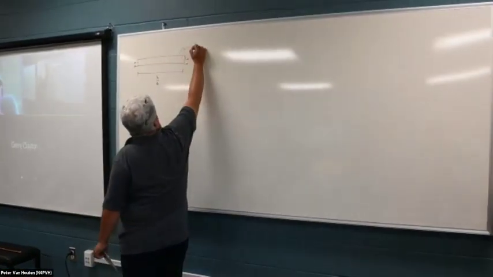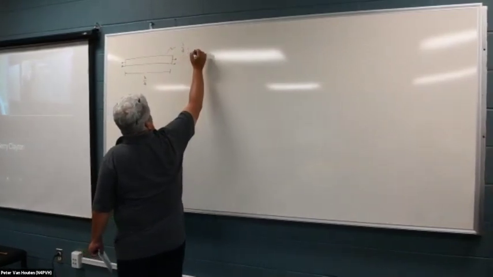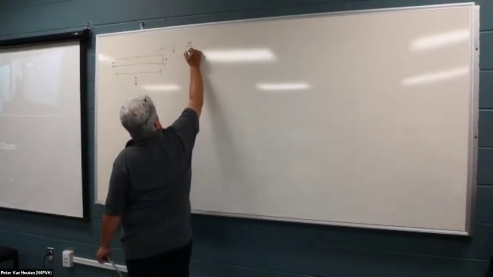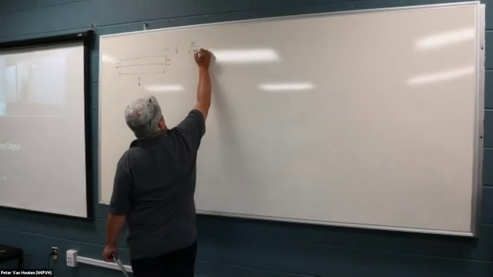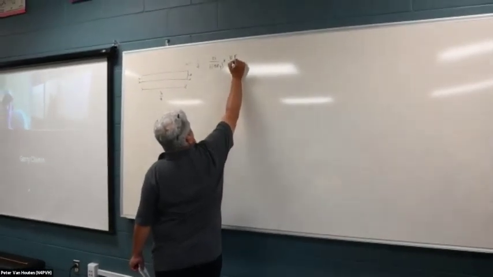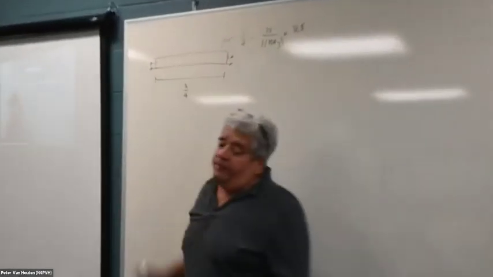The length of a quarter wavelength will be, in meters, 75 divided by the frequency in megahertz times the velocity factor. Why the velocity factor?